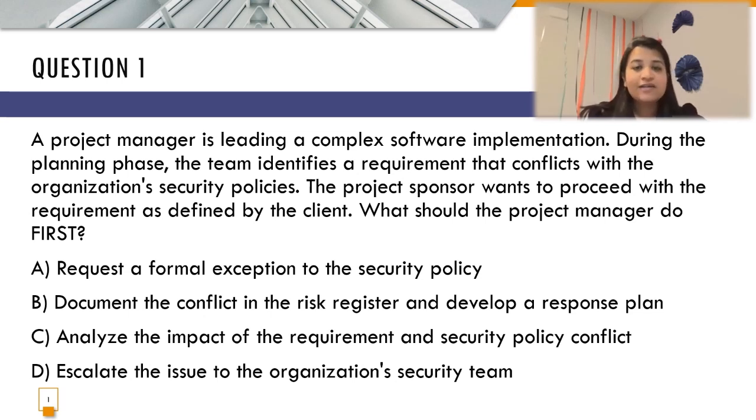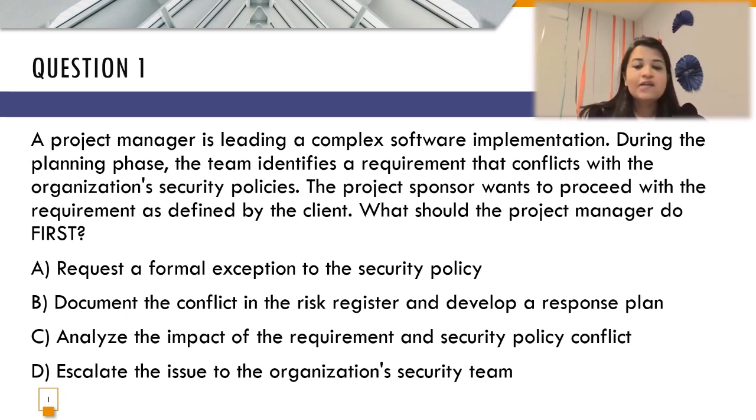So once I understand the impact after analysis, I can then make sure that whatever I need to do next, let's say that can be anything wherein you can just document it as a risk and then develop a response plan, which is option B, which comes after analyzing.